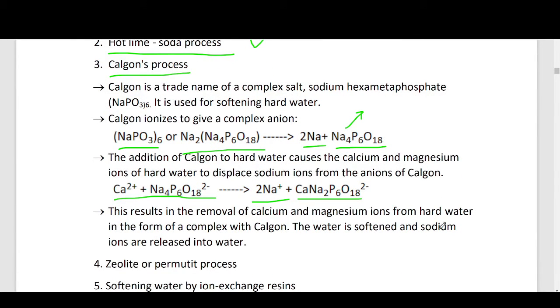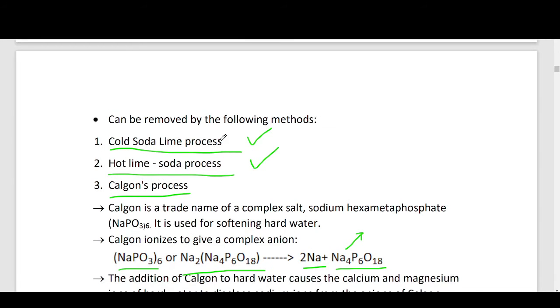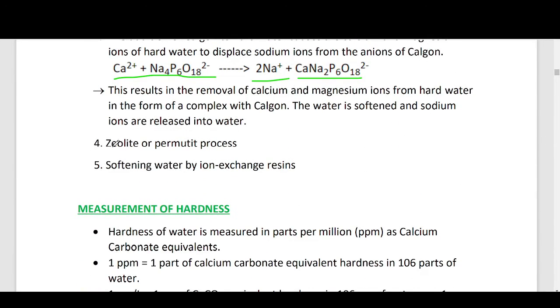So the water is softened and sodium ions are released into the water. This is a good method of removing permanent hardness, but we usually prefer the two methods which will be discussed later. We also have the zeolite or permutit process, and softening water by ion exchange resins. This is also an excellent method, as it removes 99% of hardness in water. These two will also be discussed later.